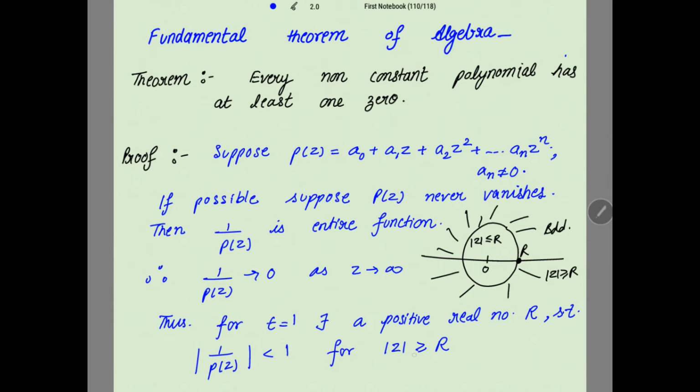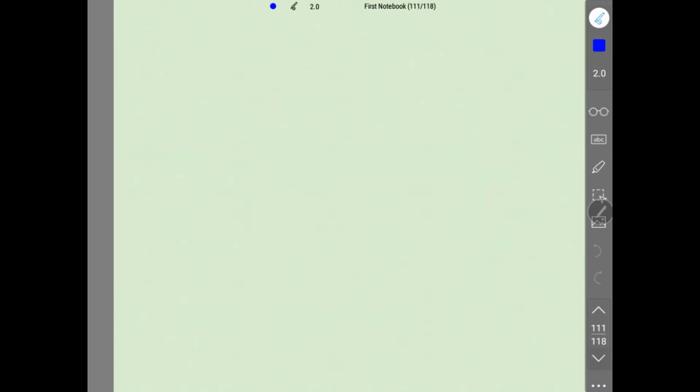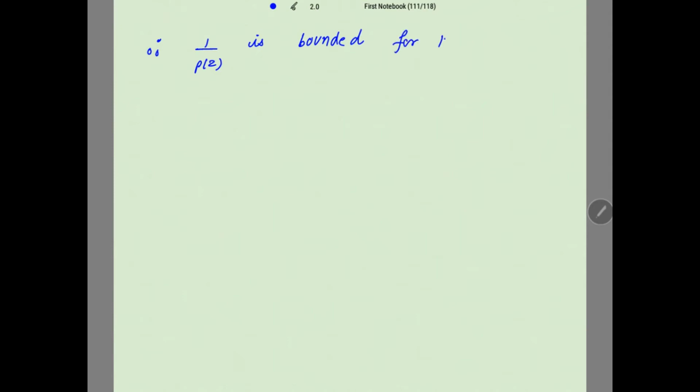Yes, for mod z greater than or equal to R, right? Now this mod less than 1 implies its boundedness, right? So let's write, therefore 1 over P(z) is bounded for mod of z greater than or equal to R.